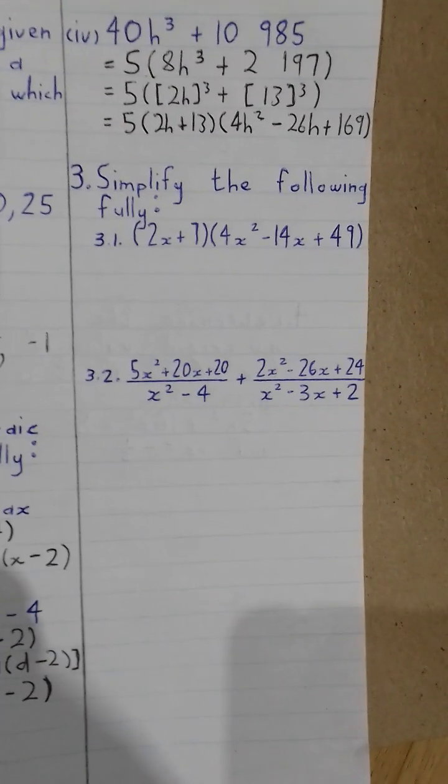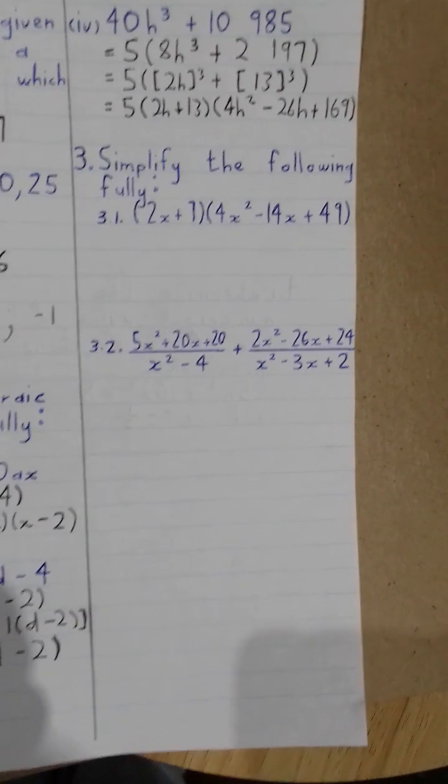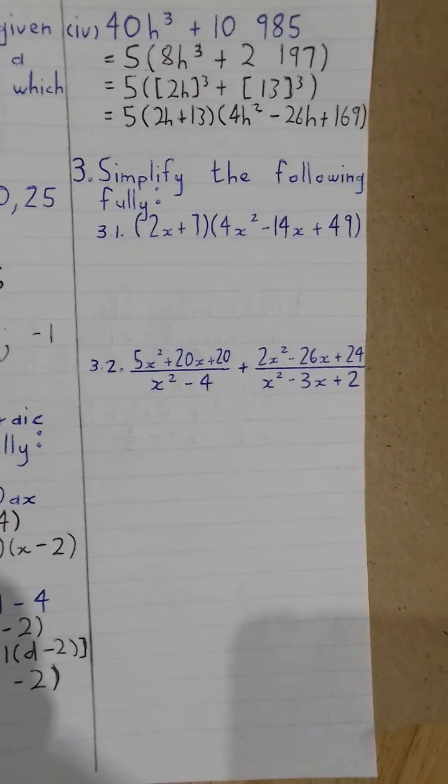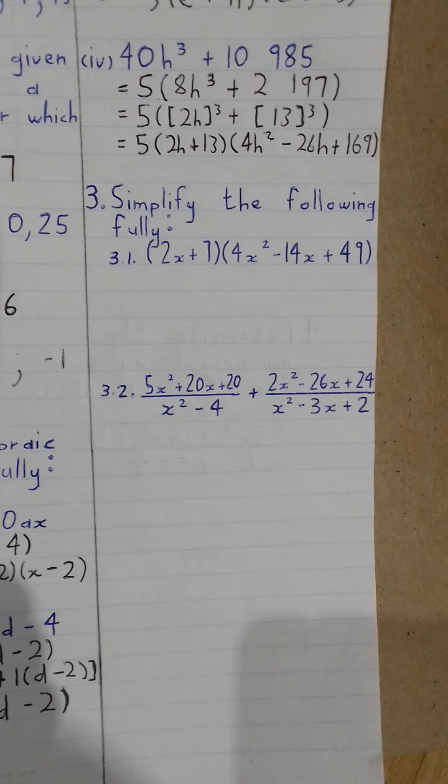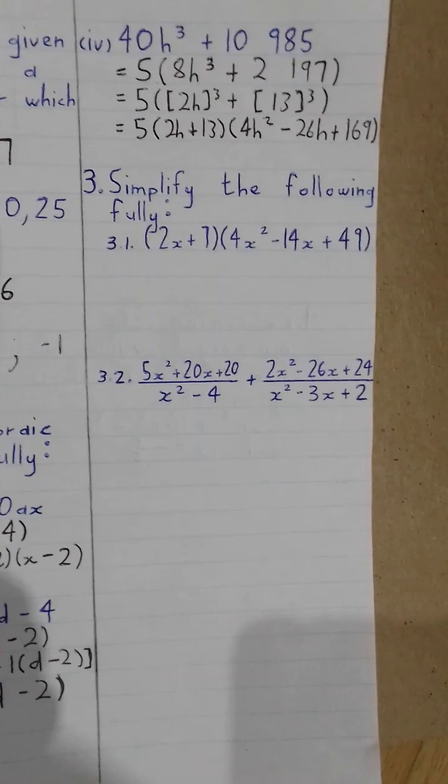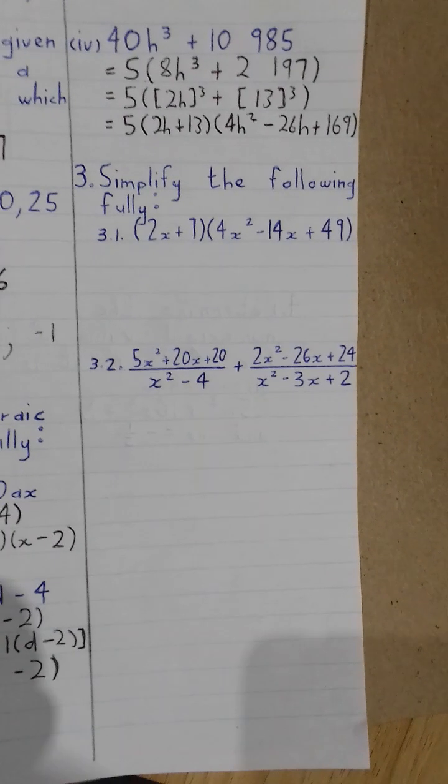Number 3 states, simplify the following fully. My mistake, 3.1: open bracket 2x plus 7 close bracket, open bracket 4x squared minus 14x plus 49 close bracket.